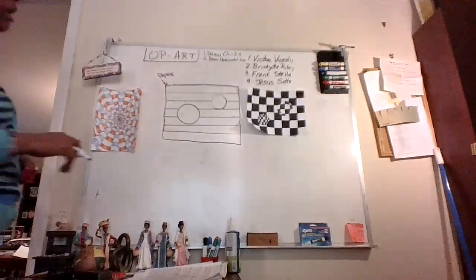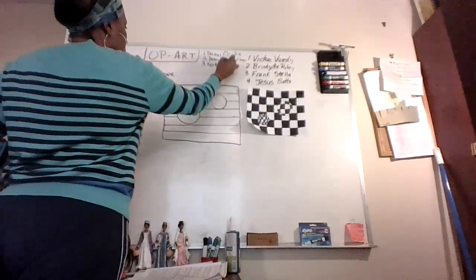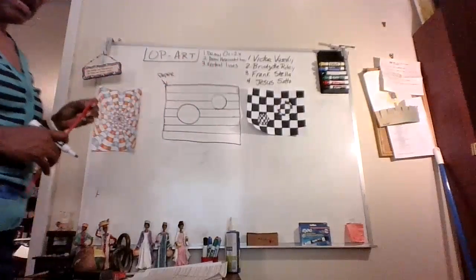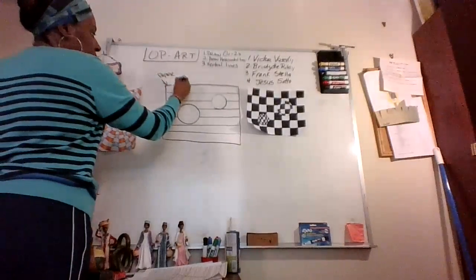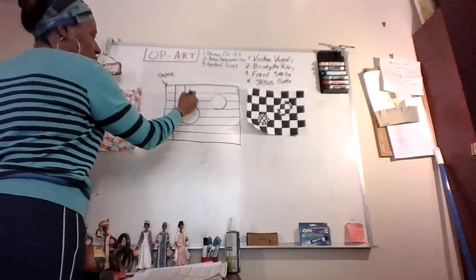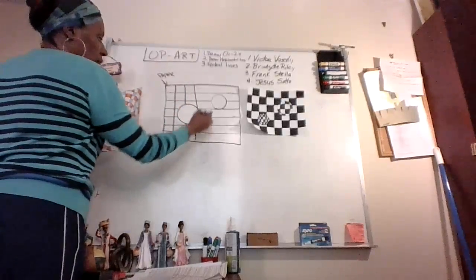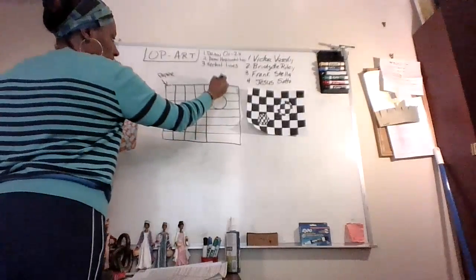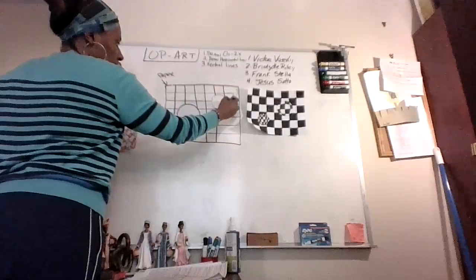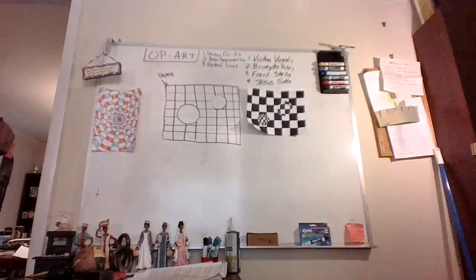Now, next step is going to be to draw vertical lines. You can take your ruler and go all the way across. For time's sake, I'm just going to kind of freehand draw mine. When I get to my circle, I stop. So now we have something that kind of looks like a checkerboard. All right?